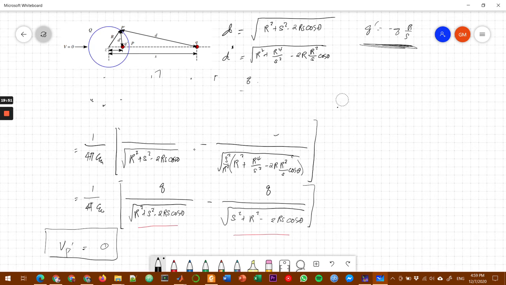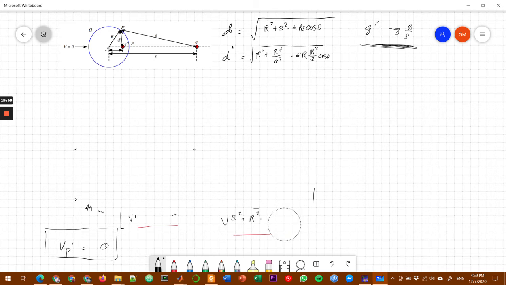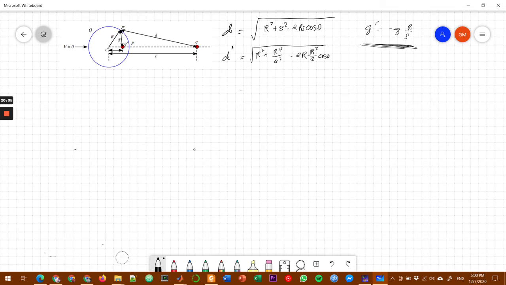You can replay that part of the video if you want to review the expressions we solved. So to get the potential anywhere in your system, I'll just have to look for the potential at r, theta, P.